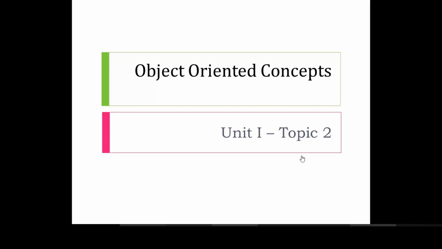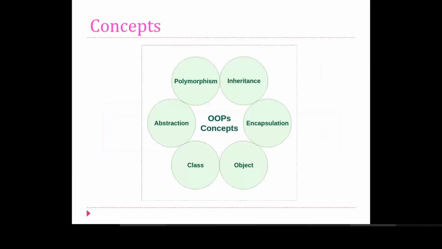Good afternoon, students. Last class we discussed various parameters of object-oriented concepts, and a few slides about the phases present in OOAD for the development of software. This class will cover object-oriented concepts. As the picture clearly says, there are 6 major concepts or principles of object-oriented analysis and design.